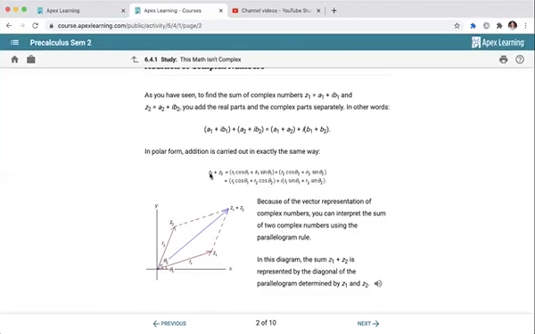So if we have Z1 plus Z2, we group together our A values, which is dealing with cosine, and we group together our sine values, which is dealing with our Y, right? And so we can add these together if we had real values, okay? And use all the rules we've been developing throughout this course, all right?